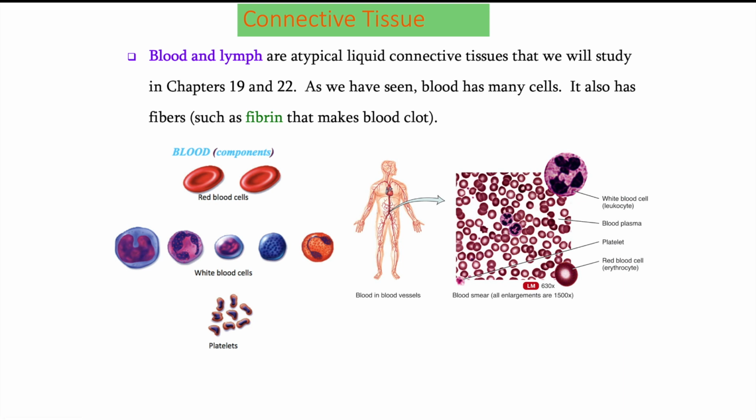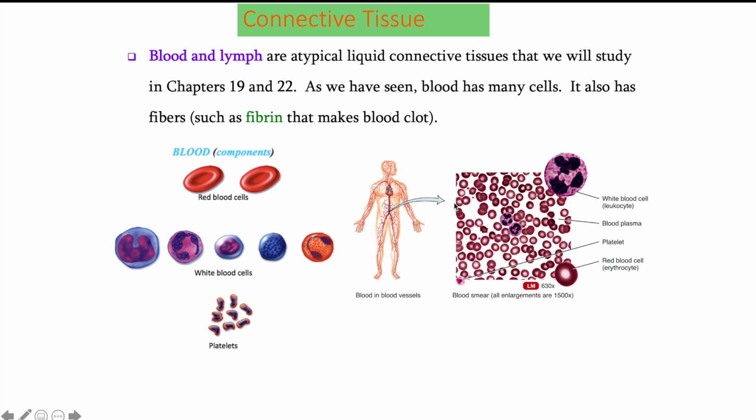So the next connective tissue we want to look at is blood. And we're going to look at the different cells that blood has. The cells that are in most abundance are the red blood cells, which make blood red, and are the oxygen carrying cells.